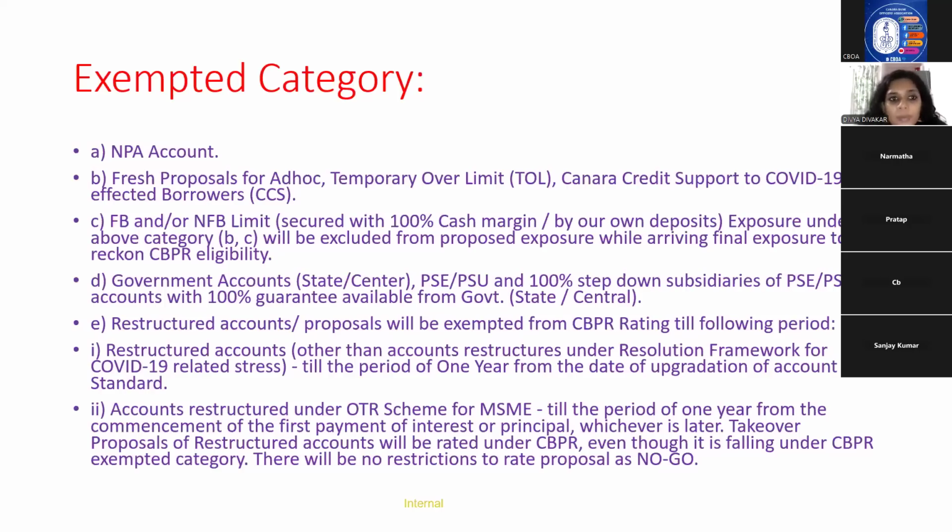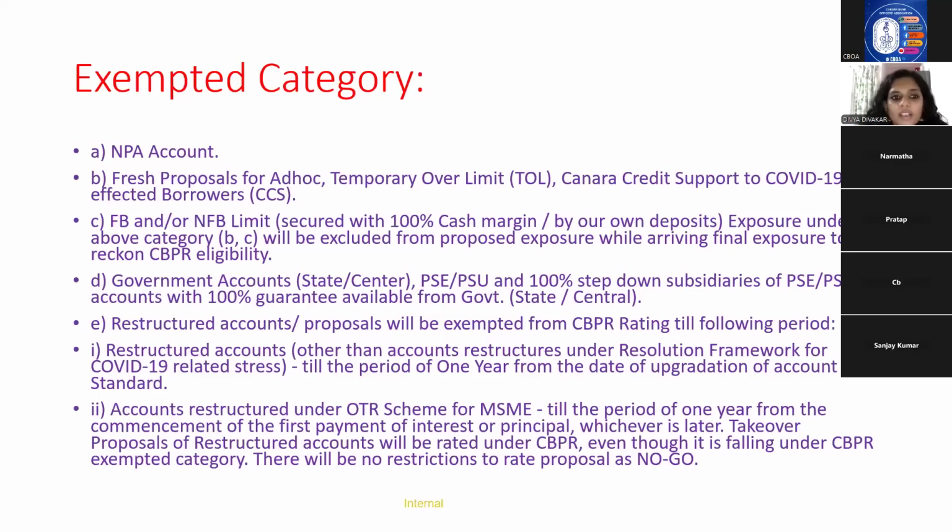And if it is any fund-based or non-fund-based exposure that is secured by 100% cash margin, exposure under the above category will be excluded from proposed exposure while arriving at the final exposure for CBPR eligibility. Even government accounts, PSCs or PSUs, and 100% step-down subsidiaries of these PSCs, PSUs, with 100% guarantee available from government, these are all excluded.